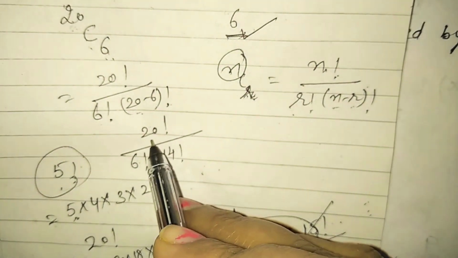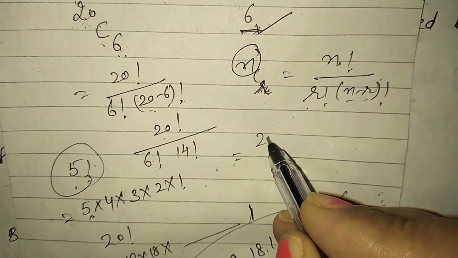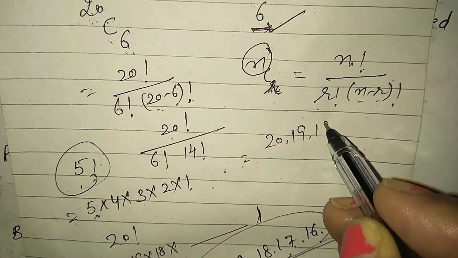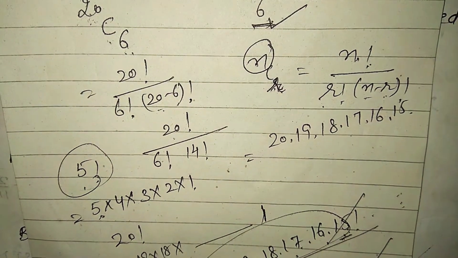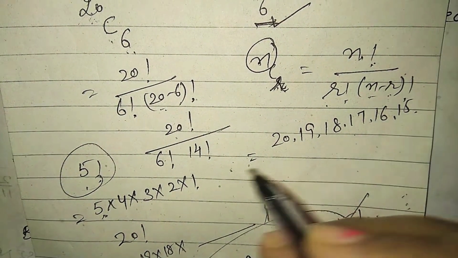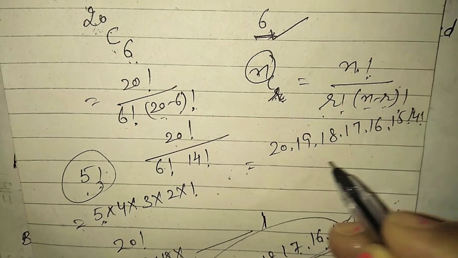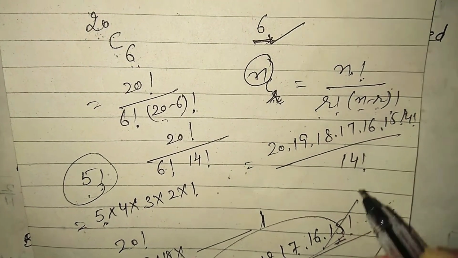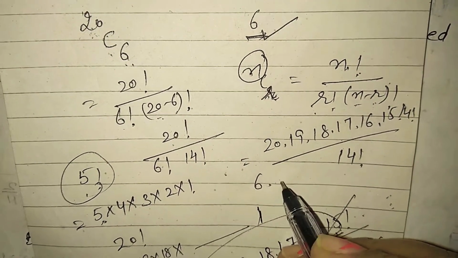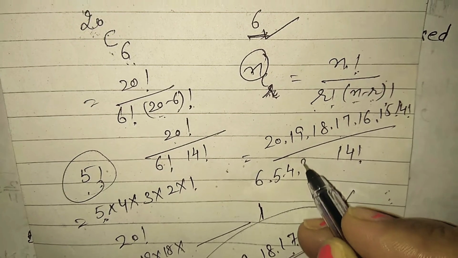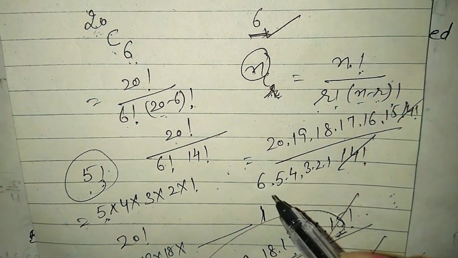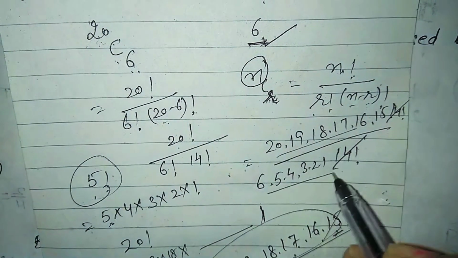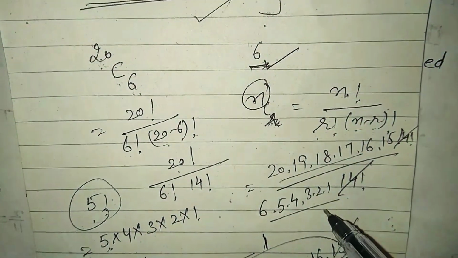We take 20 factorial as 20 into 19 into 18 into 17 into 16 into 15 into 14 factorial, and the denominator is also 14 factorial and 6 factorial is 6 into 5 into 4 into 3 into 2 into 1. 14 factorial cancels with 14 factorial, we cancel the rest and get the answer.